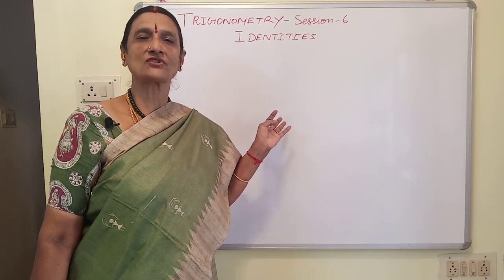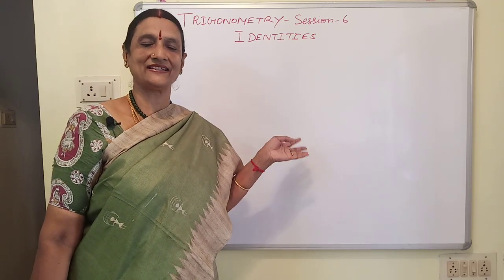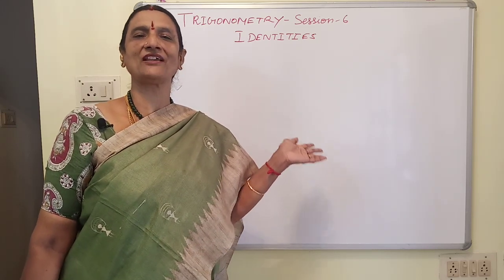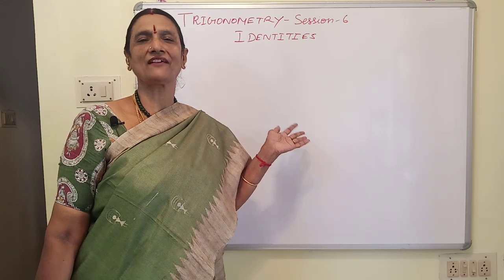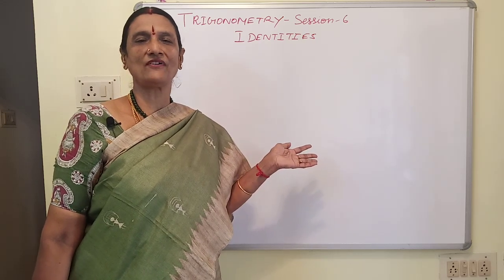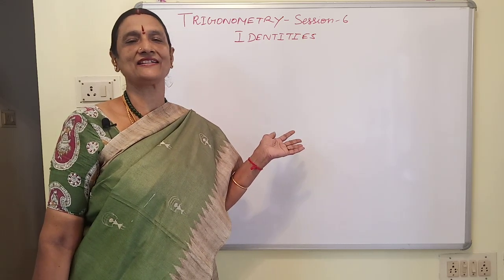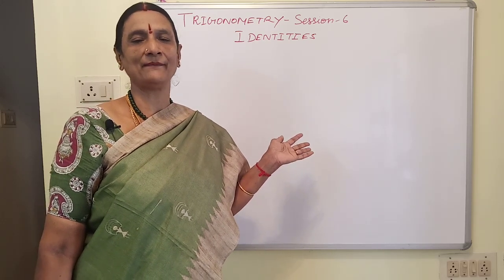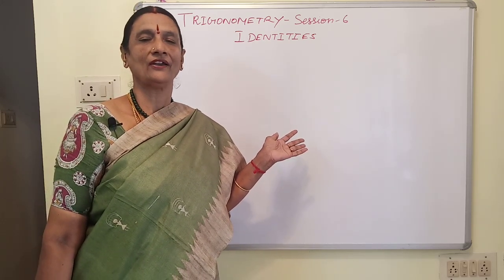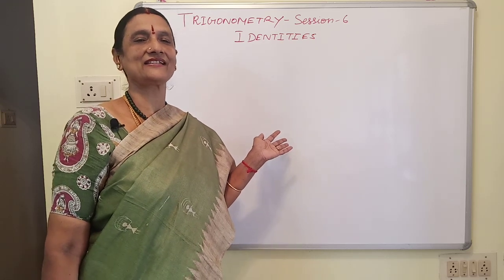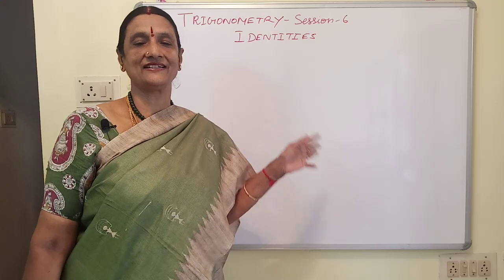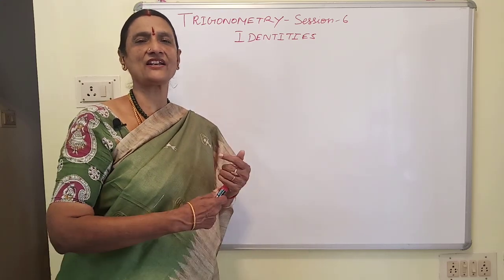So you have to know the identities, but also you should know how to derive them also. So both are very important. So we will derive these identities one by one, and you have to remember them very correctly. You have to apply these identities in order to derive other identities. Okay, is that clear to you?